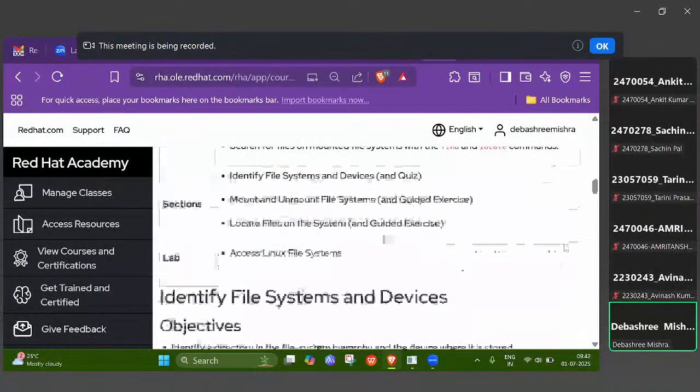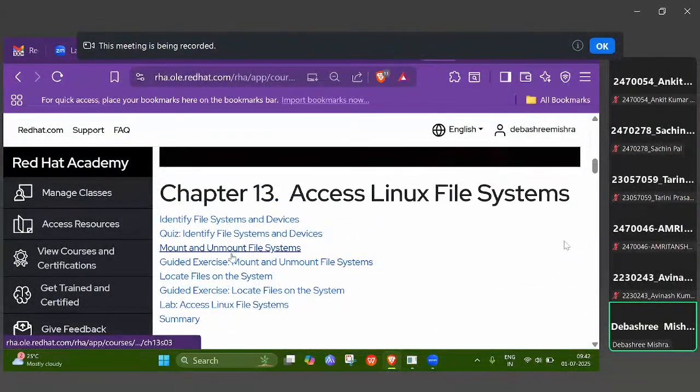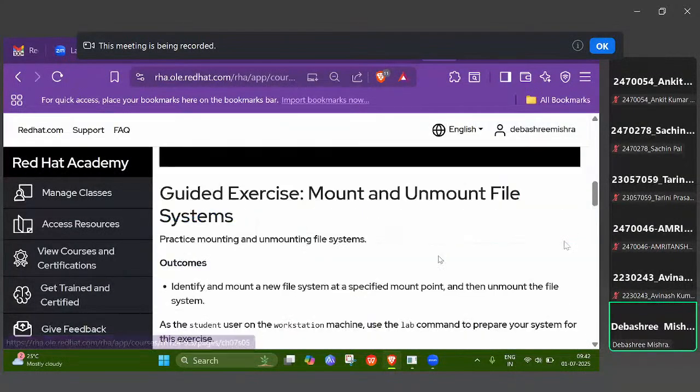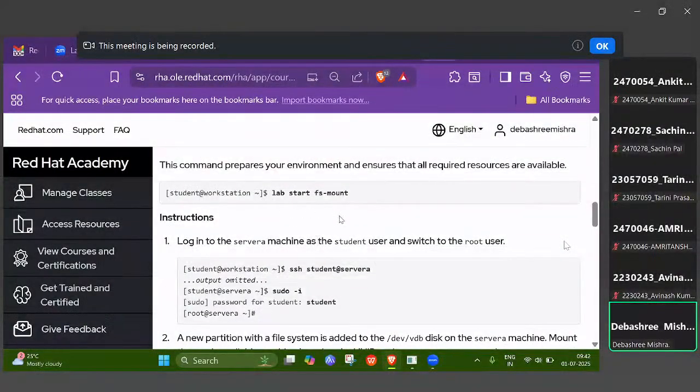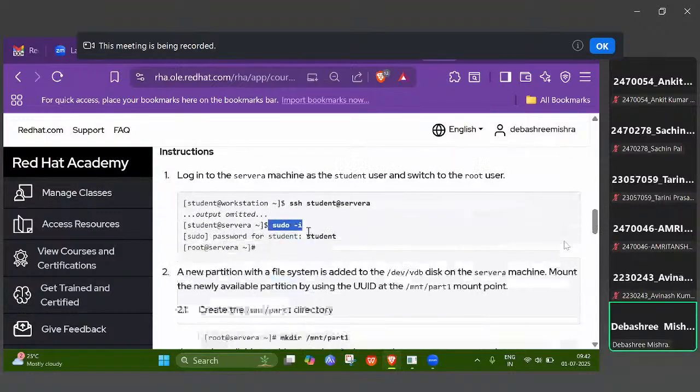Accessing the Linux file system. We have already talked about how to access it, how to use it. You need to start it, then connect with server A, then switch to the root user in admin mode.